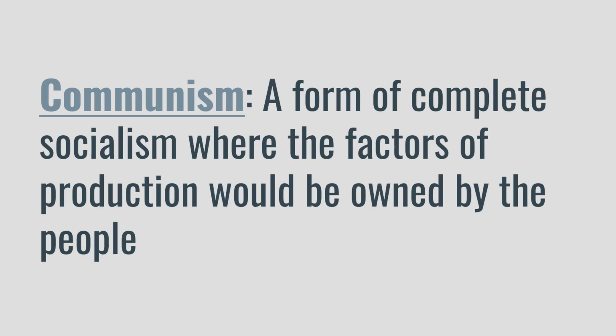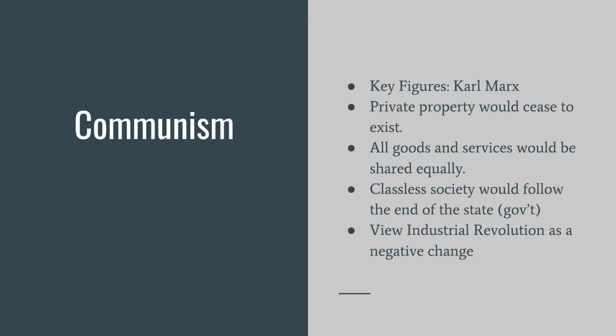And then finally, we see the emergence of communism stemming from socialism. Communism is a complete form of socialism where factors of production are owned by the people. So rather than the state or the government owning everything, the factors of production would be owned by every single person living in that state.